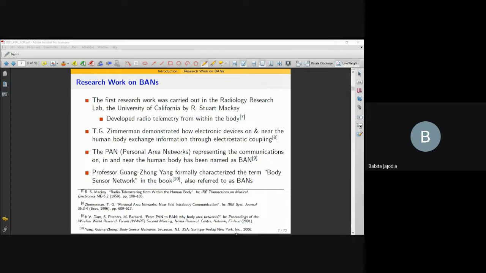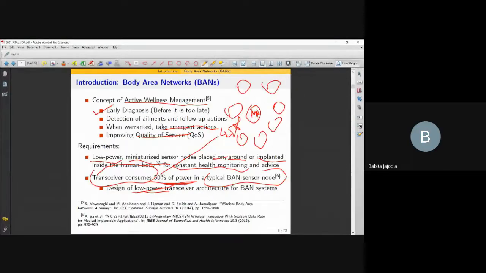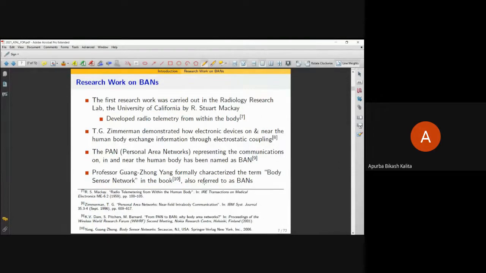Yeah, anyone wants to say something? Madam, the slides are not being changed. The first slide is only visible, madam. No, it is okay, I think. I was explaining from this slide only, sir. Okay, so are you able to see now the research work on BAN slides?